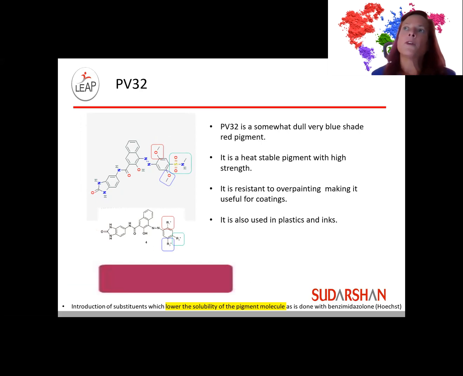Pigment violet 32 is the one violet in the benzobenzodazolone category. It is a somewhat dull, very blue shade red pigment. It is heat stable. However, its usage is not very large in the pigment industry, primarily because you can get to this same color space with other high performance pigments.